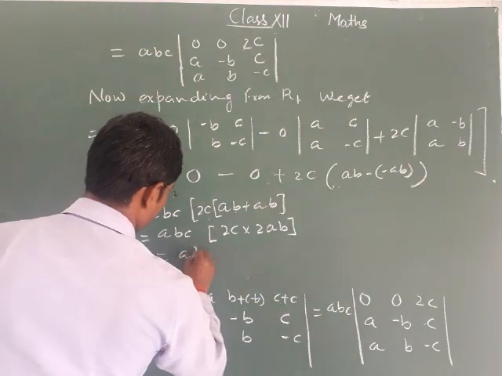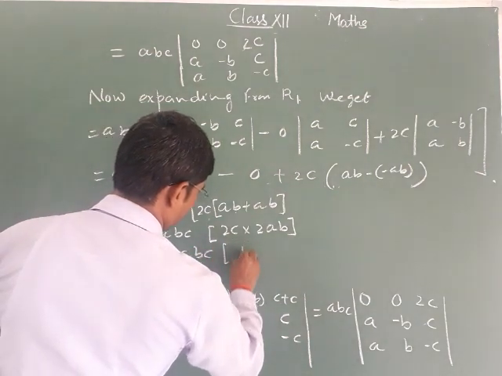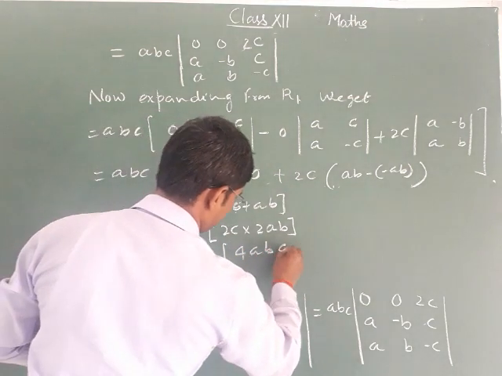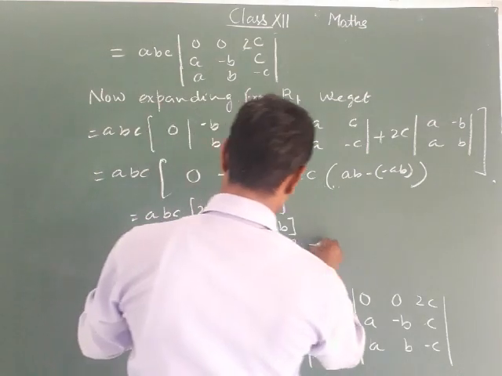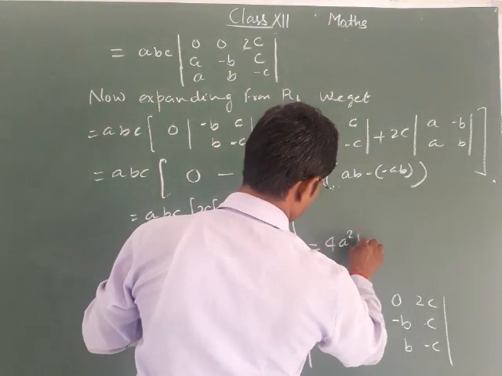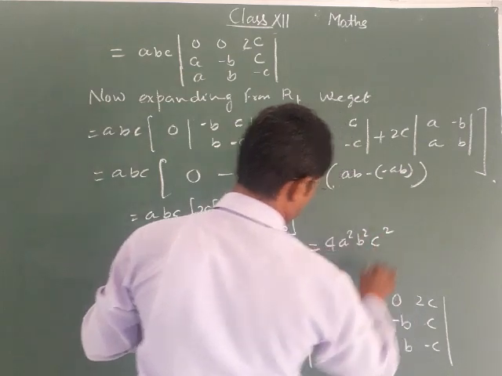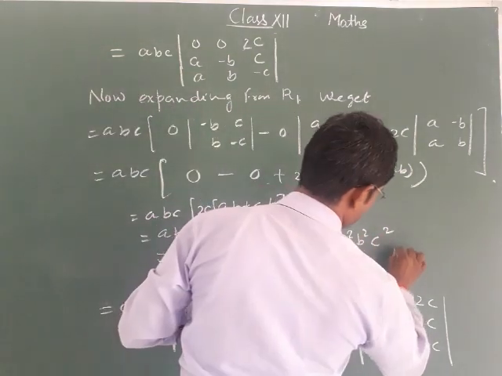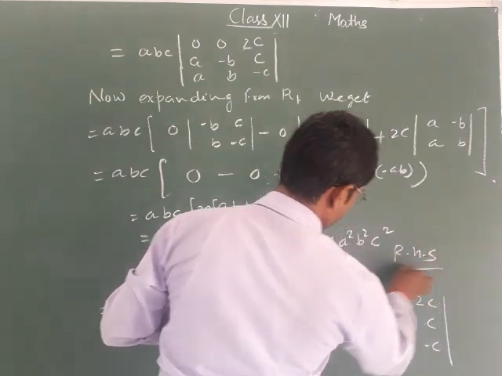So abc times 4abc, so this is 4a square b square c square. This is the RHS.